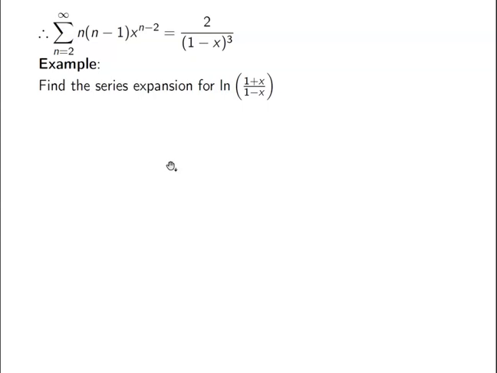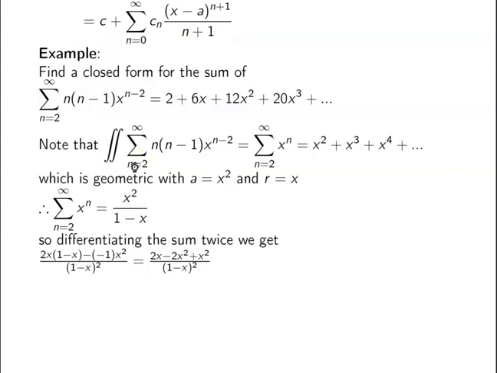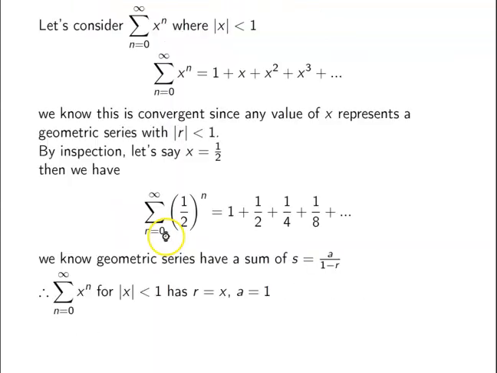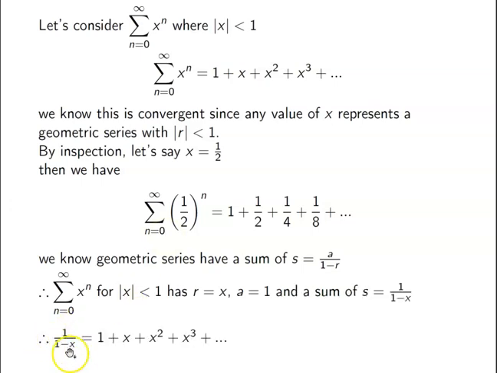Okay. Next example. Find the series expansion for natural log of 1 plus x divided by 1 minus x. Okay, so this is the input for the natural log. So I want to find the series expansion. This function doesn't really look anything like what I know so far, right? So from previous work, I figured out the power series representation of 1 over 1 minus x.